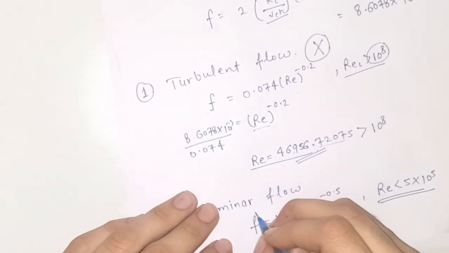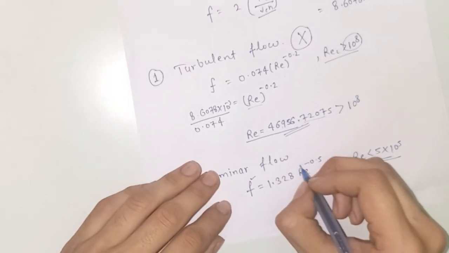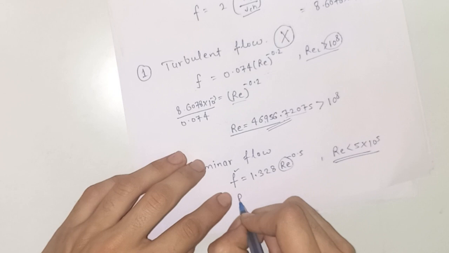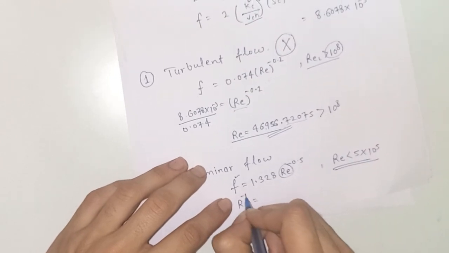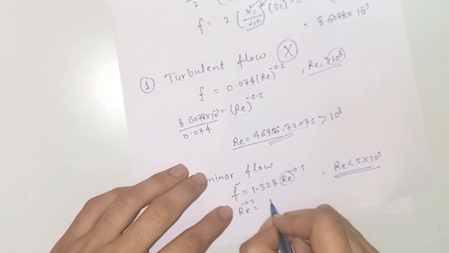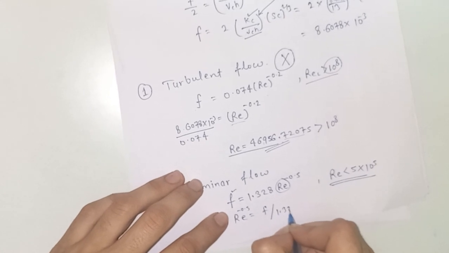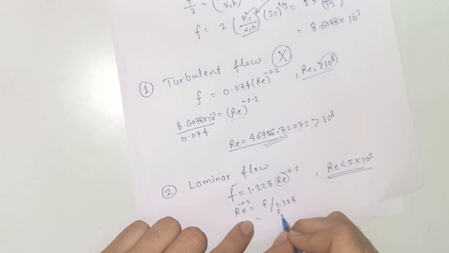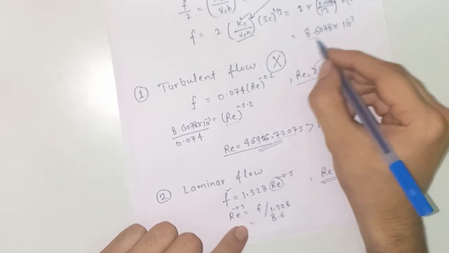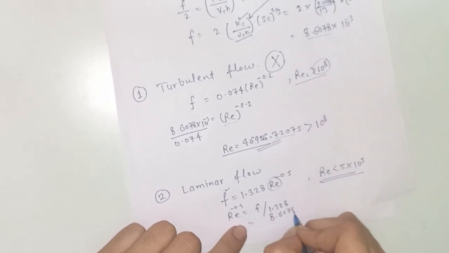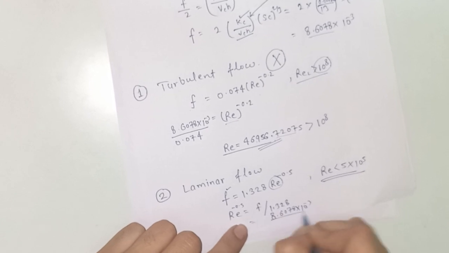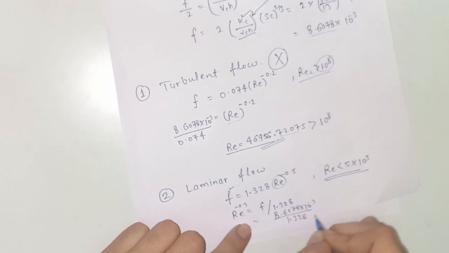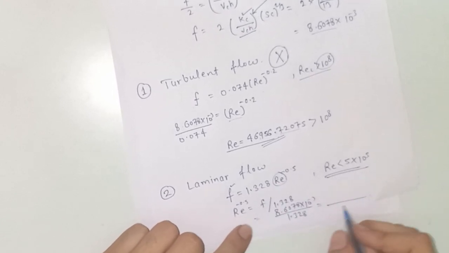Now we know the friction factor and we need to find the Reynolds number, so we substitute the value of the friction factor that we have calculated here and calculate the Reynolds number.